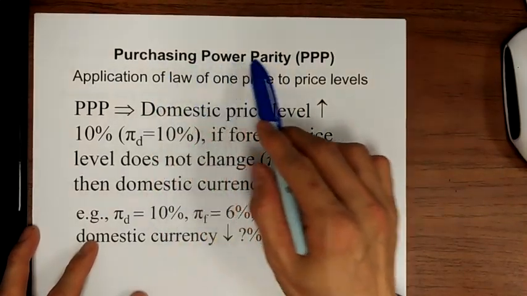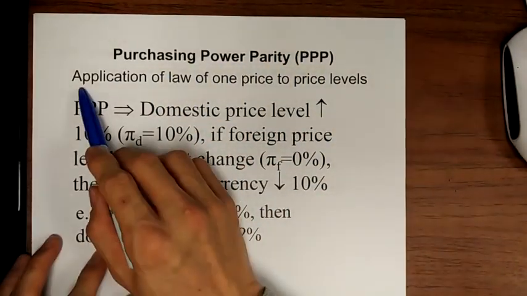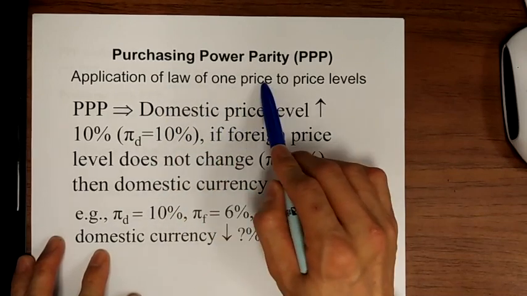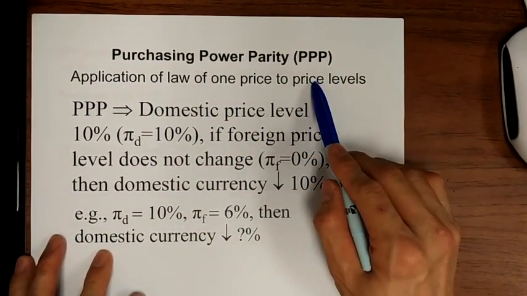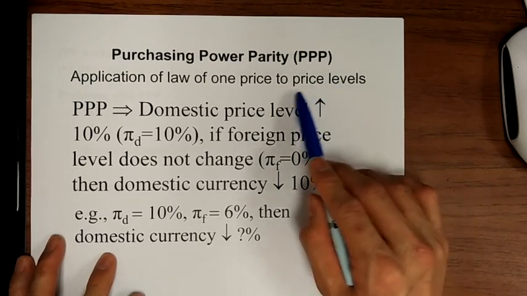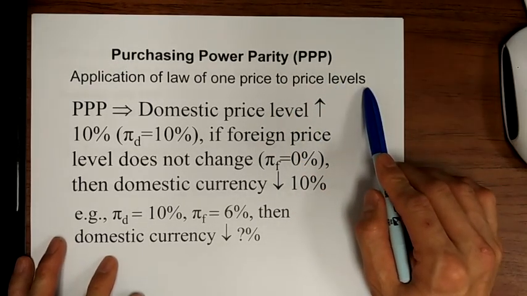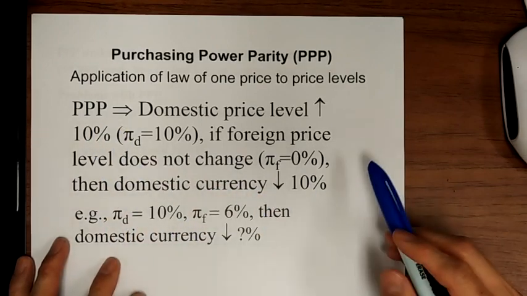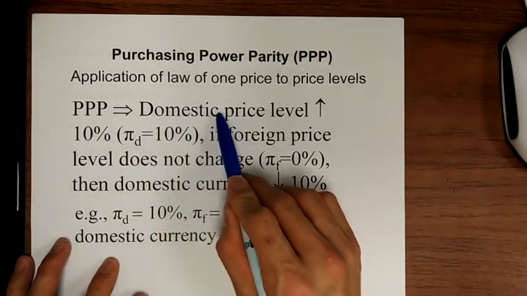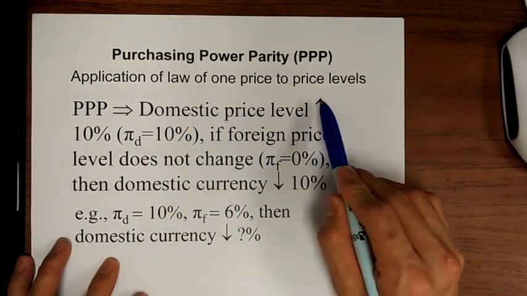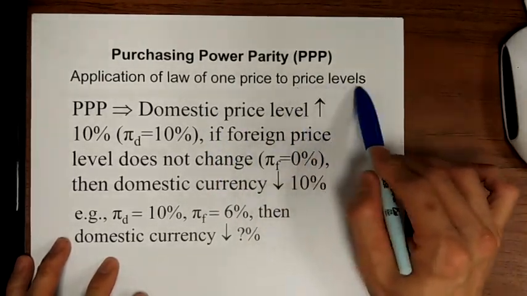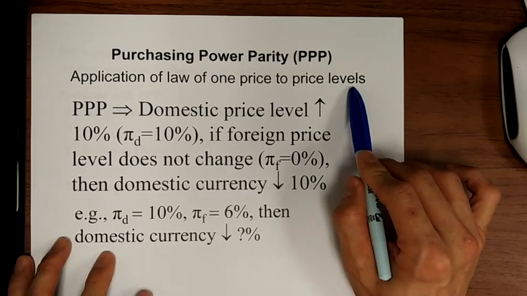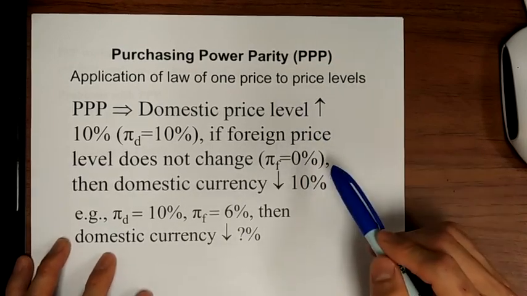That is, purchasing power parity is the application of the law of one price to all the goods and services between these two countries. The price of all the goods and services is the price level.